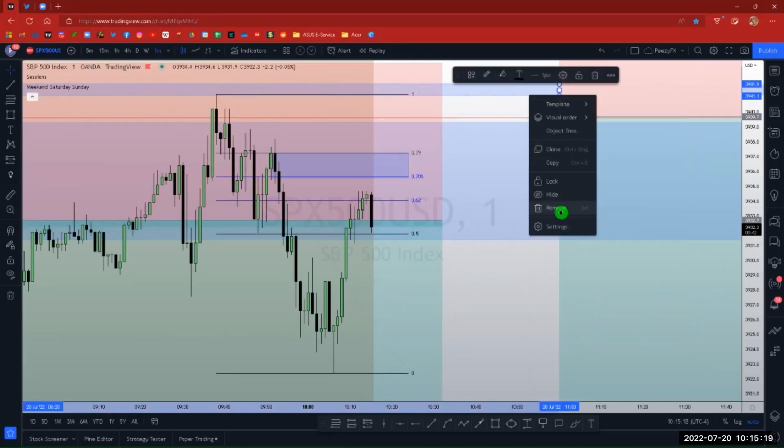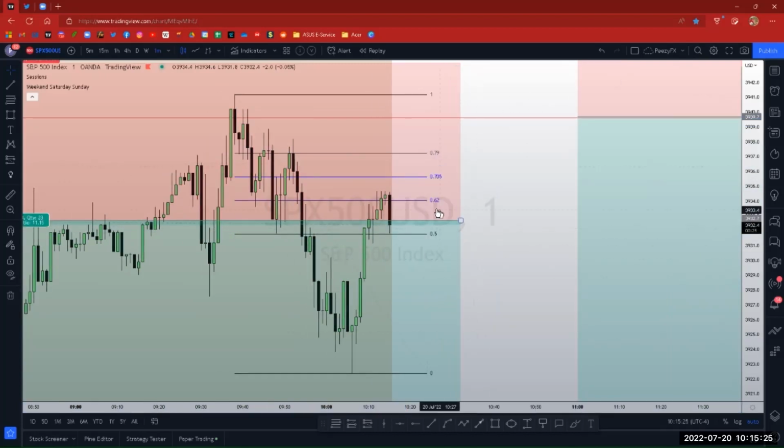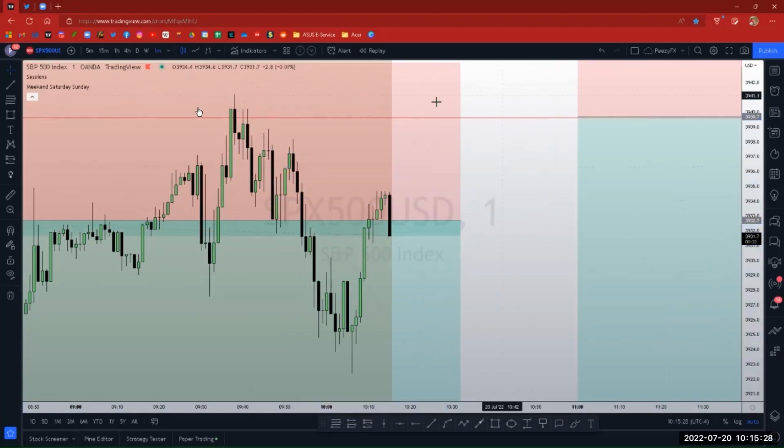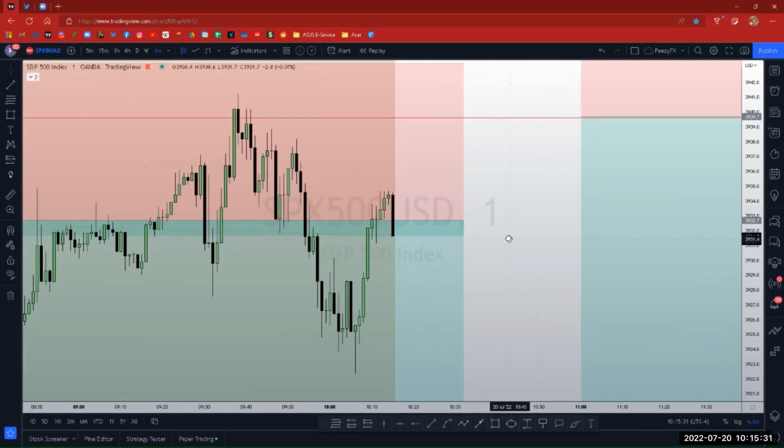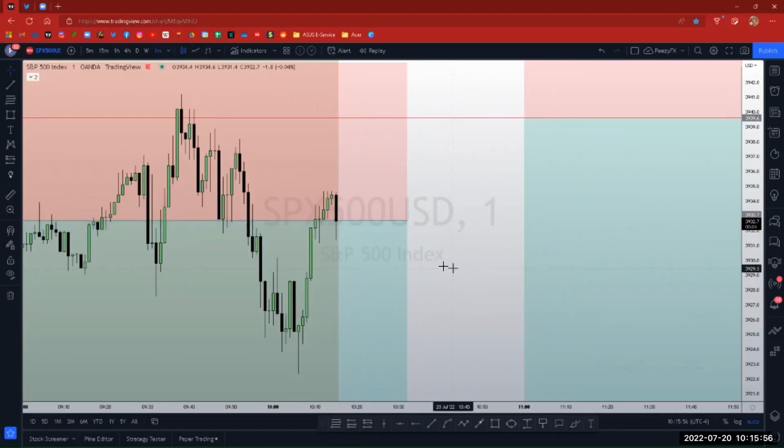That's a good look. I love how price traded up into this order block and just immediately reacted, taking out this low right here. Took out that low, pulled back, and now it's respecting that kill zone level. That's what I want to see.